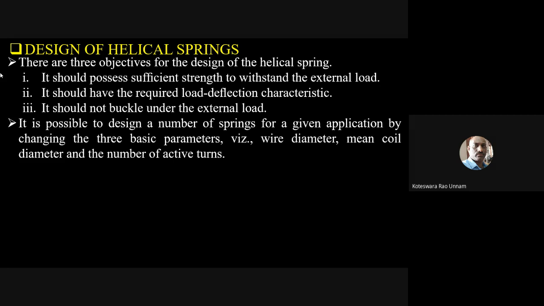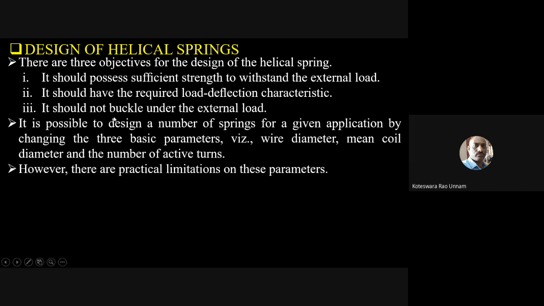The ratio of mean coil diameter to wire diameter we call the spring index C. So out of wire diameter, mean coil diameter and spring index, you should know two values. In other words, wire diameter, spring index, and number of active turns are the three basic parameters one has to identify in the design of any helical spring.